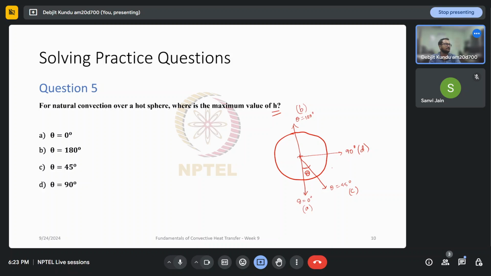And this is a hot sphere, so the plume forming will be moving upwards like this.